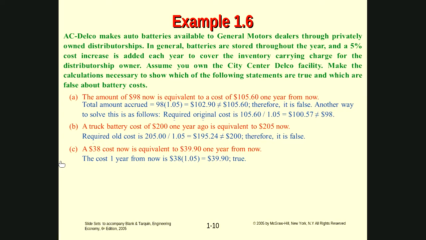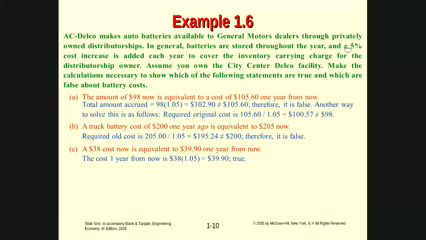So we start with the first one and we examine it based on the given information. The first one, A, in the red font, says the amount of $98 now is equivalent to a cost of 105.6 one year from now. How can we evaluate if this statement is correct or wrong? We go to the given information that the 5% is applied yearly.